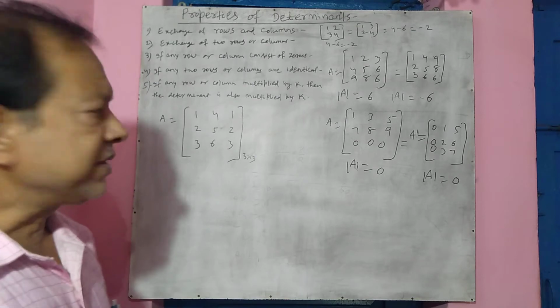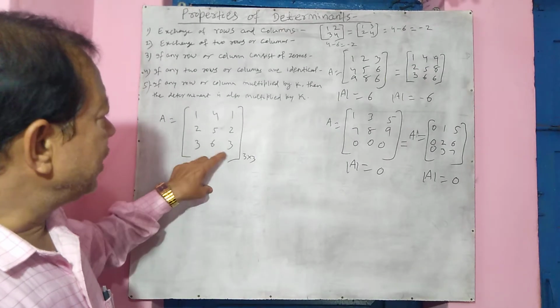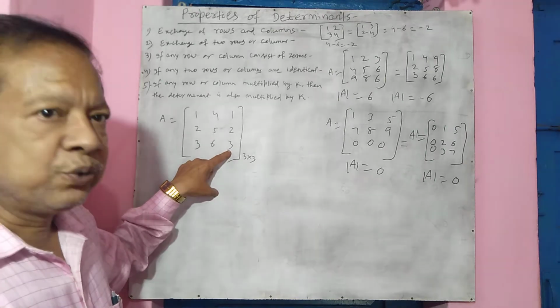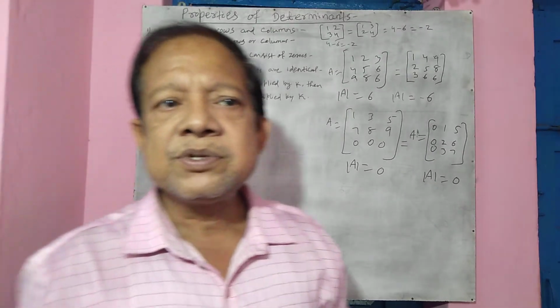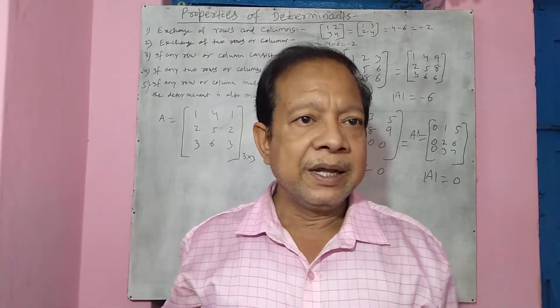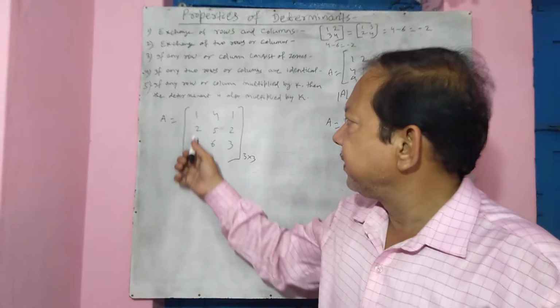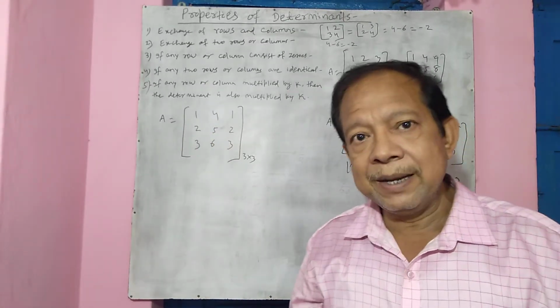Now in this matrix, column 1 is 1, 2, 3 and column 3 also is 1, 2, 3. Both the columns are identical, with equal numbers. So column 1 and column 3 are same.